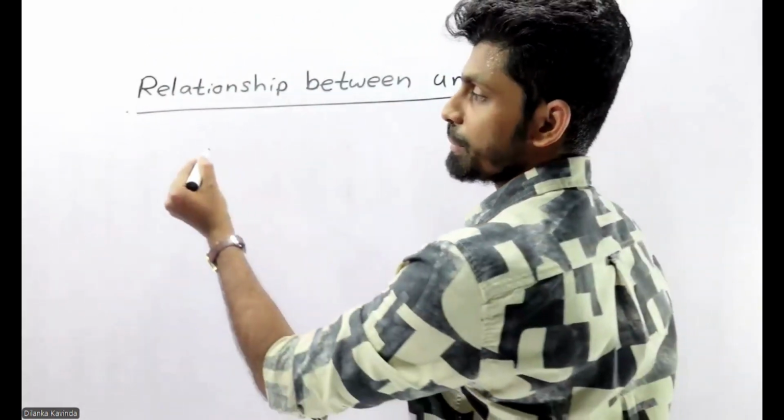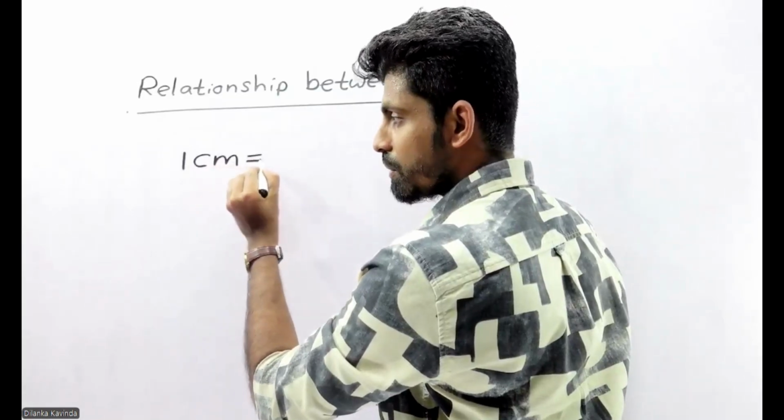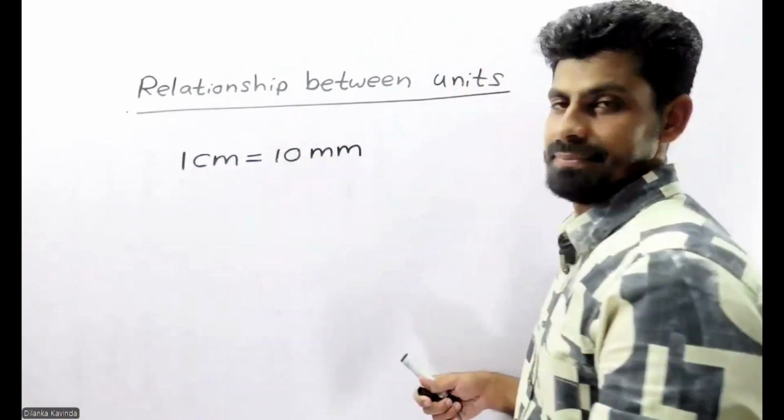Let's see. Look at this one. 1 centimeter equals 10 millimeters.